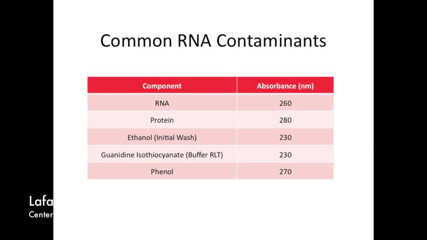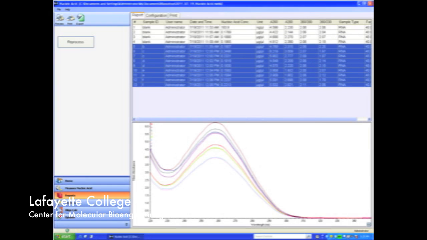This is because nucleic acid is detected at 260 nanometers, whereas protein, salt, and solvents are detected at 230 and 280 nanometers. A high OD 260-280 and OD 260-230 ratio therefore indicates that you have extracted RNA devoid of any of these contaminants. A good graph will look like this.